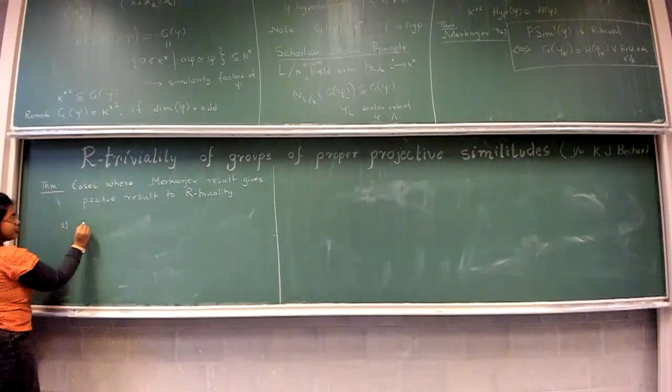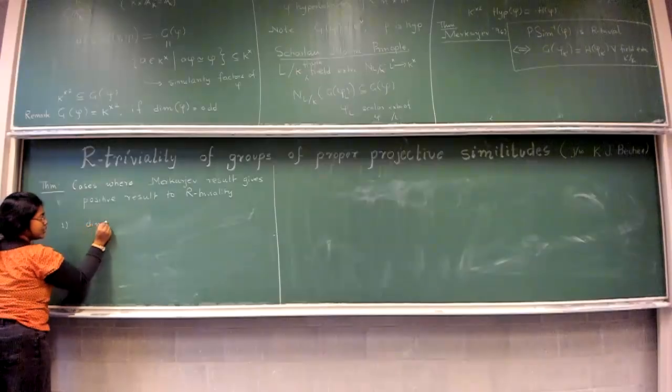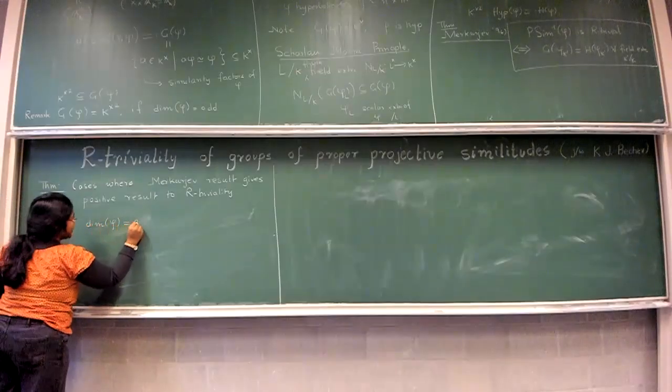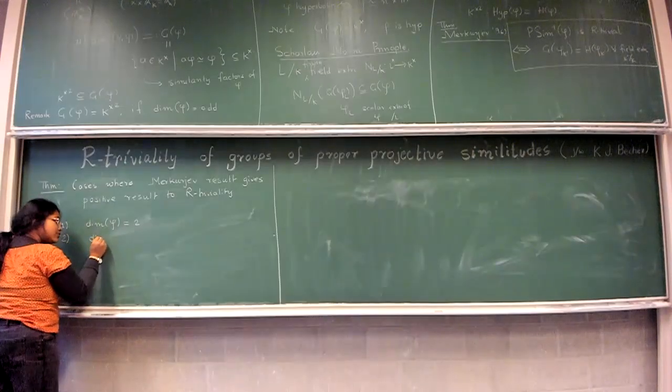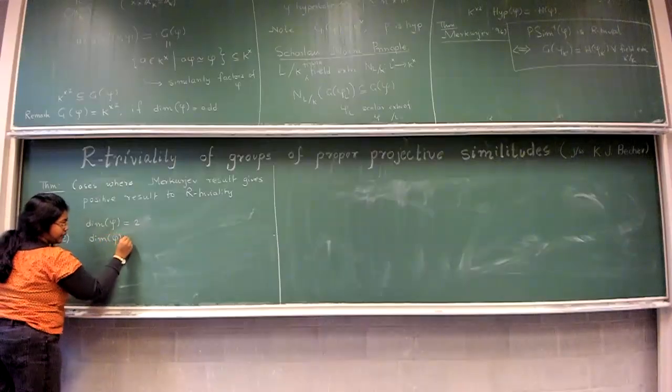First, if the dimension of the quadratic form is 2, it will be R-trivial. If the dimension is 4, it will be R-trivial.